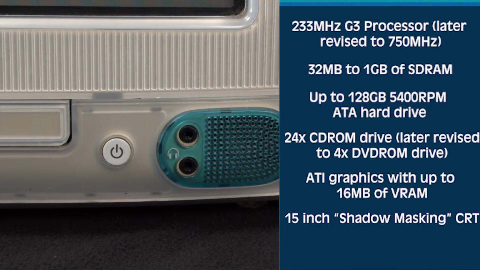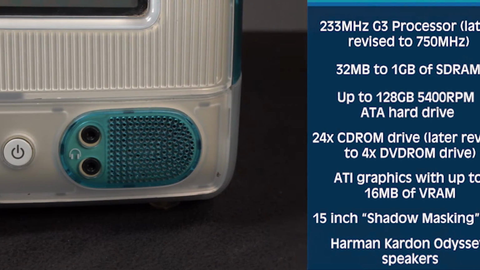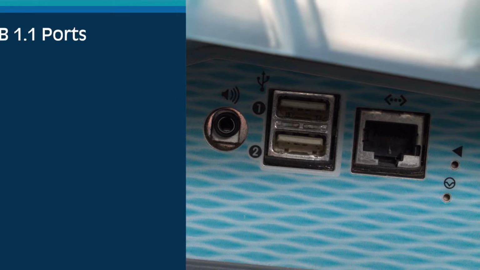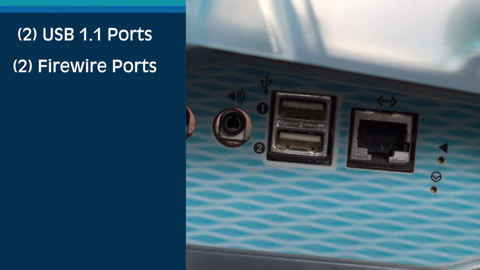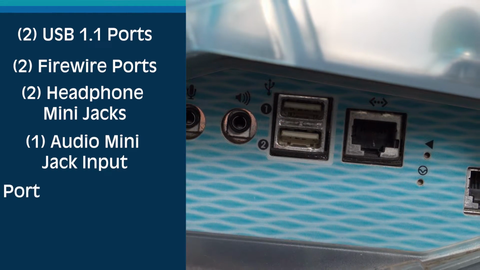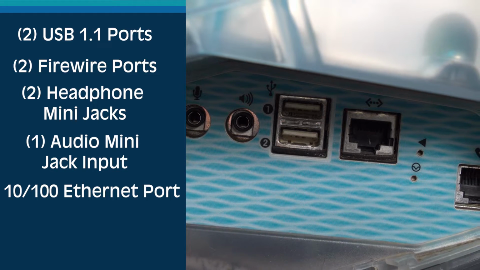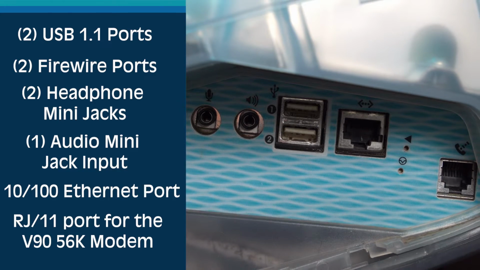Some of that 40 pounds was because of the internal Harman Kardon Odyssey speakers. External connectors include two USB 1.1 ports, two FireWire ports, two headphone mini jacks, one audio mini jack input, one 10/100 Ethernet port, and an RJ11 port for the V.90 56K modem.